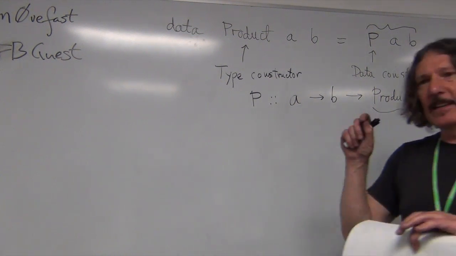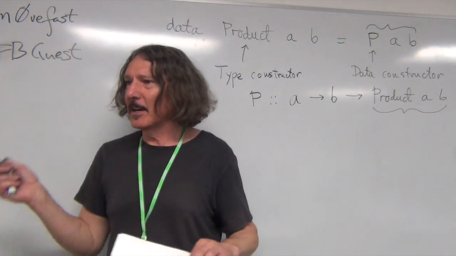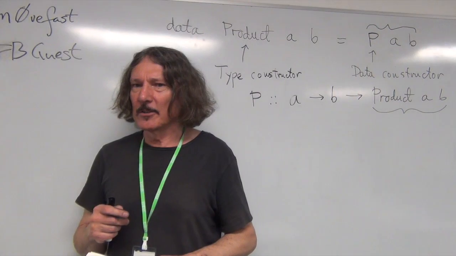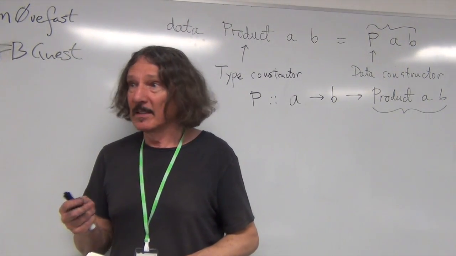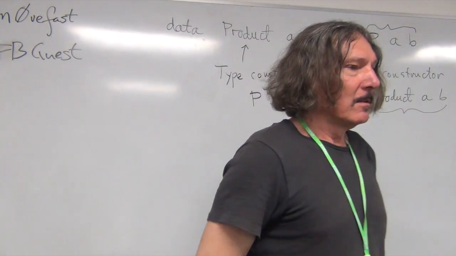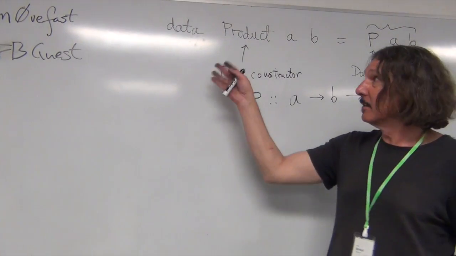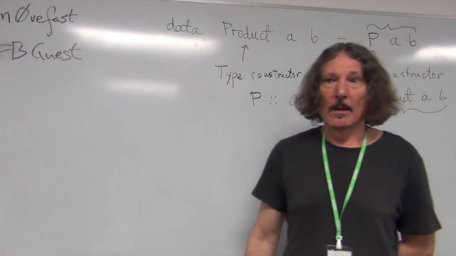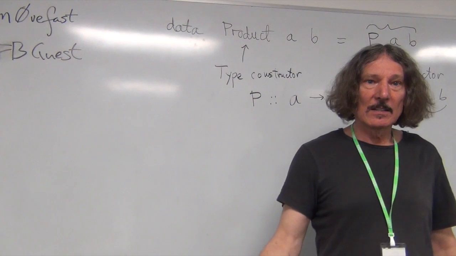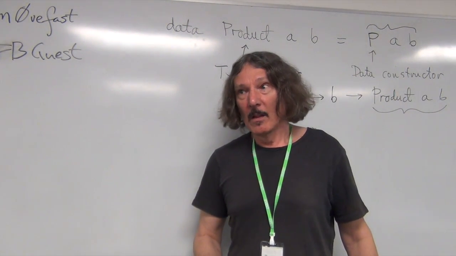But I told you one thing in the beginning, that all data in Haskell is immutable. Never changes, right? You cannot mutate any data. So in particular, it means that once you've constructed something, it remains the same forever.